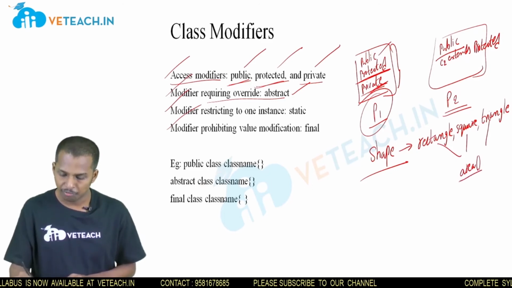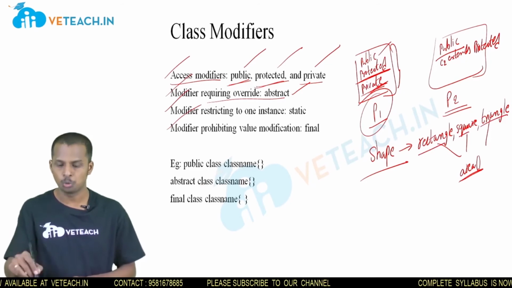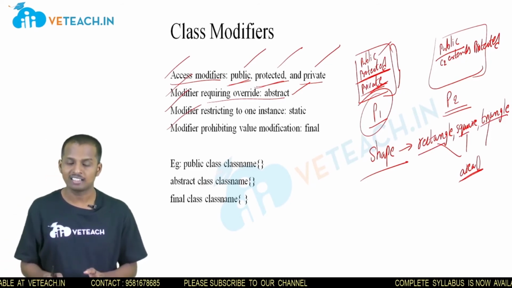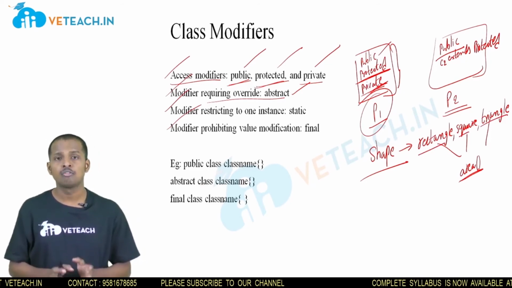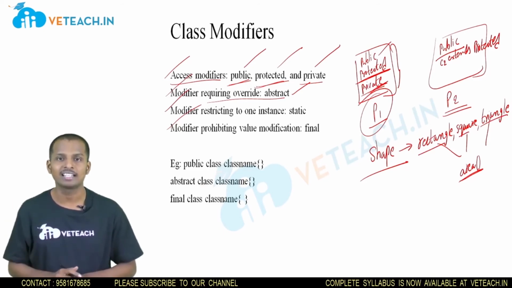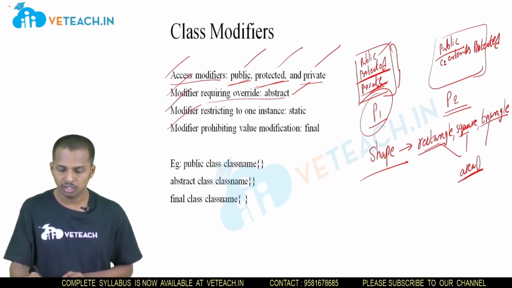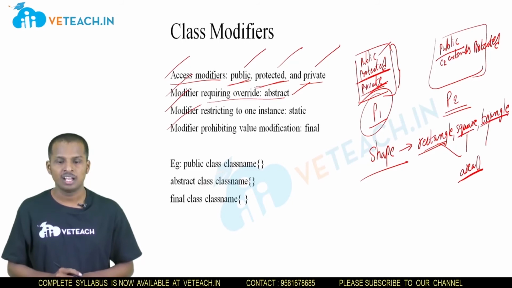But the definition of this area method changes from one class to another, or from one shape to another shape. The formula for calculating the area of a rectangle will be different from the formula for calculating the area of a square, and it will be different from the formula for calculating the area of a triangle. So in this case, all these three are treated as shape.